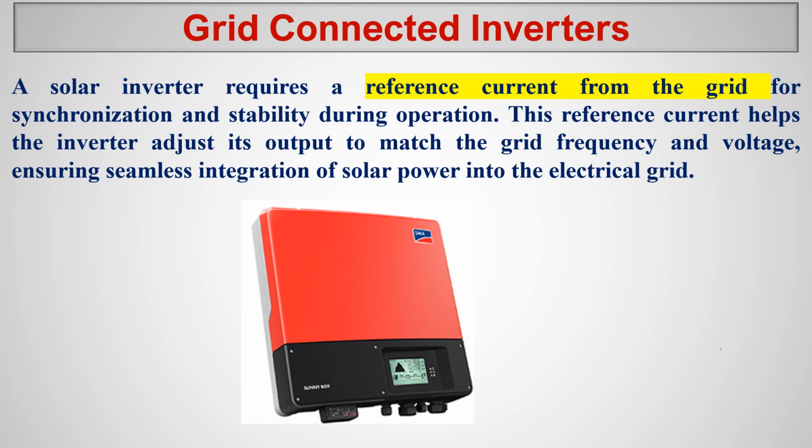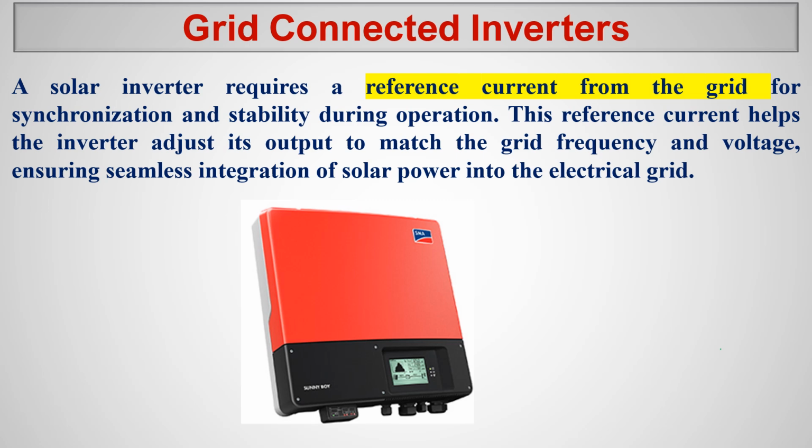As I said in the early videos, 90 percent of the inverters we have are grid connected because they are the least expensive, low cost equipment. Among all the inverters, grid connected inverters are very simple and the cost is less because we have a grid supply. The function of the inverter depends on the grid supply frequency and current. You take the reference frequency and current from the grid supply, then it starts.